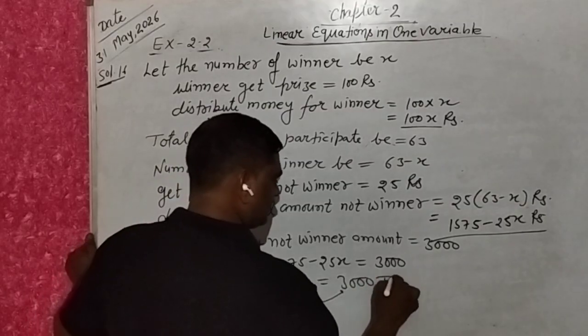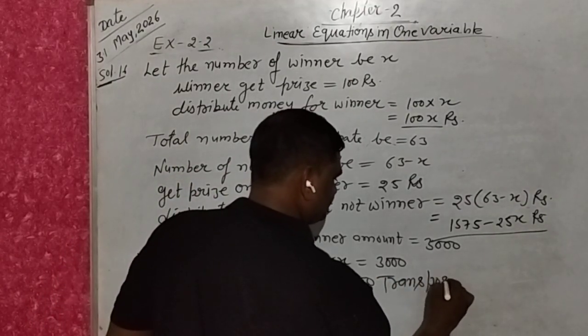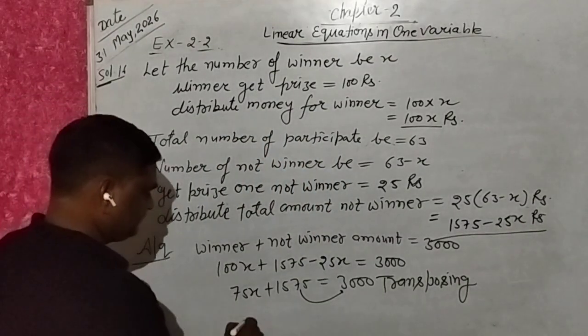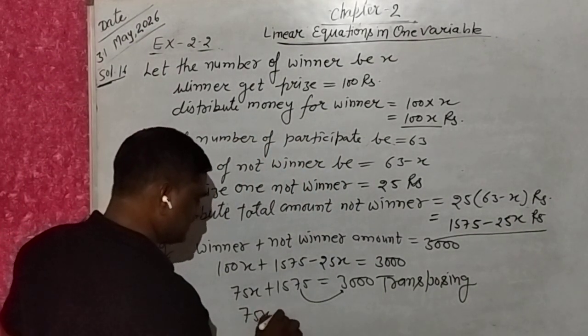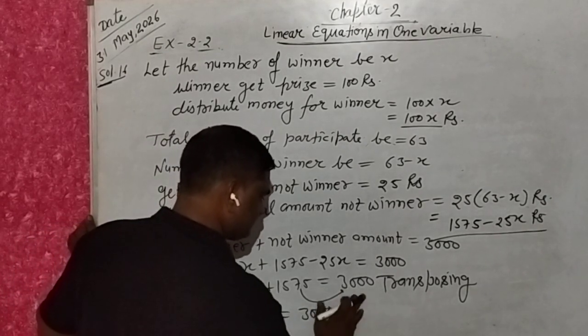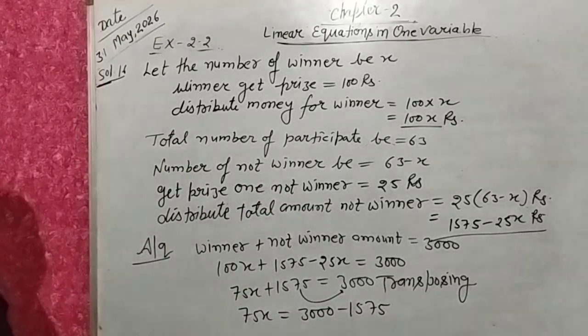When you transpose here, then 75x is equal to 3000 minus 1575. Are you understand?